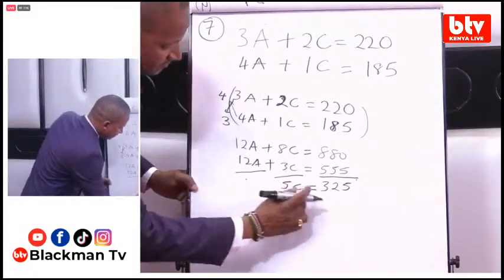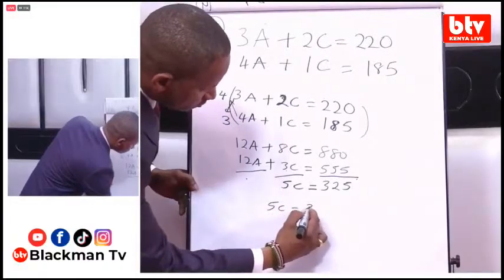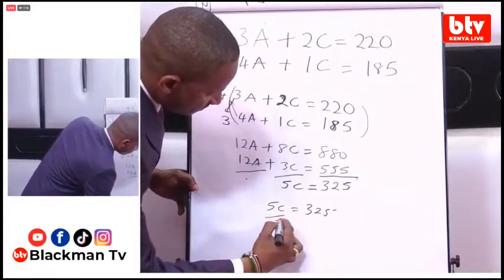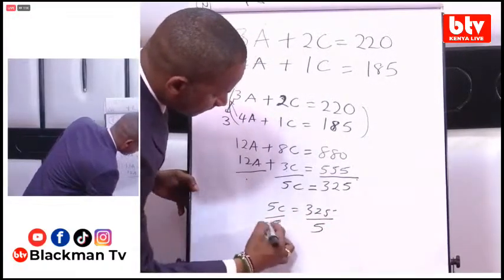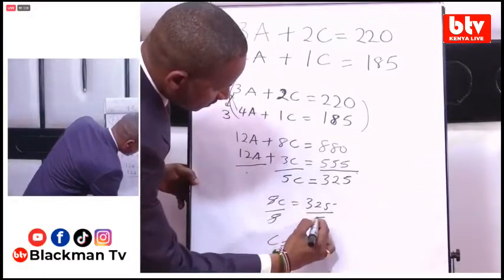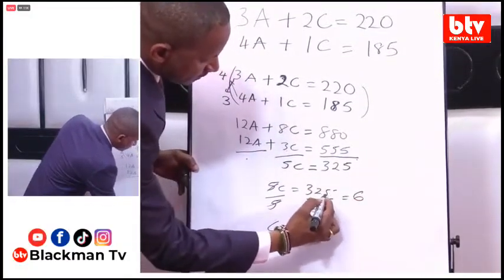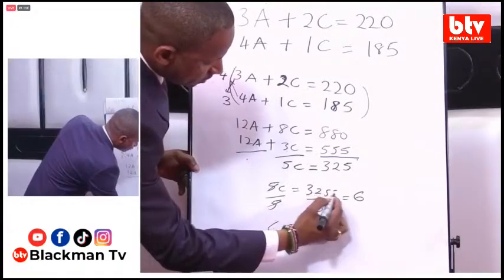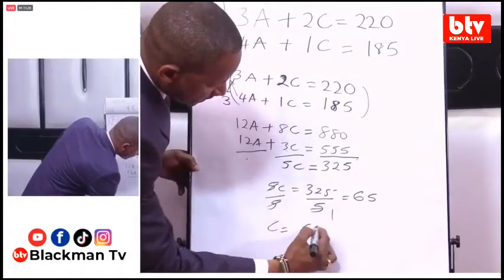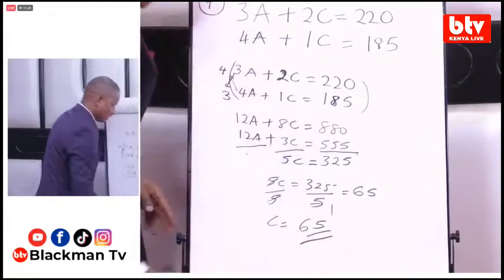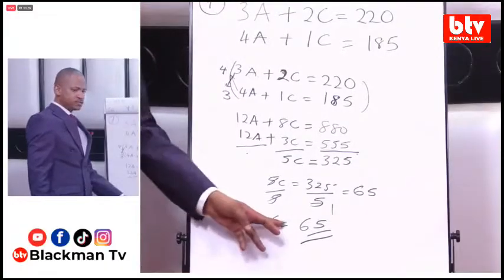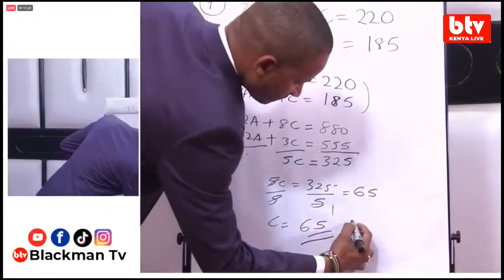So for you to get the value of C, 5C equals 325, divide by 5 on both sides. 5 goes into 32 six times, remainder 2, into 25, 5 times. So you get 65. So each craftsman C earns 65 shillings.